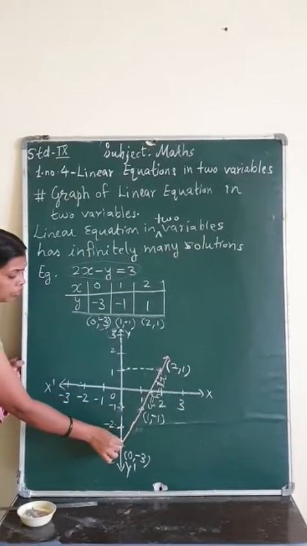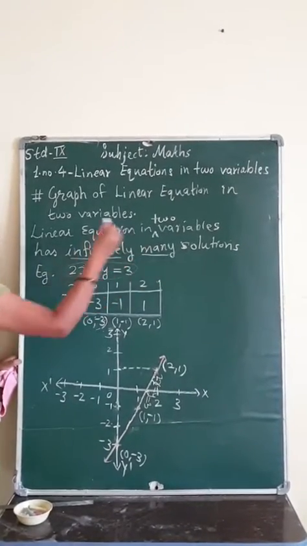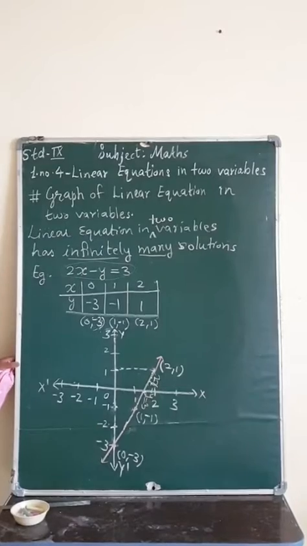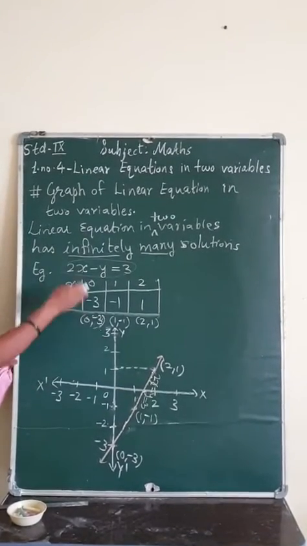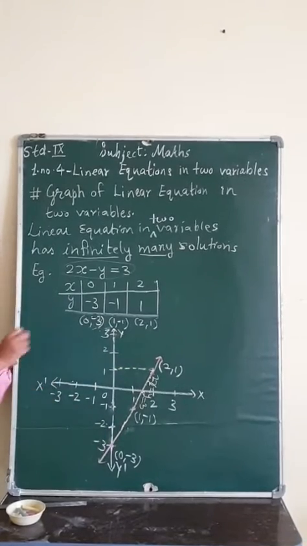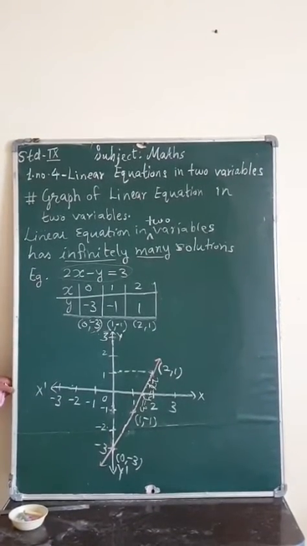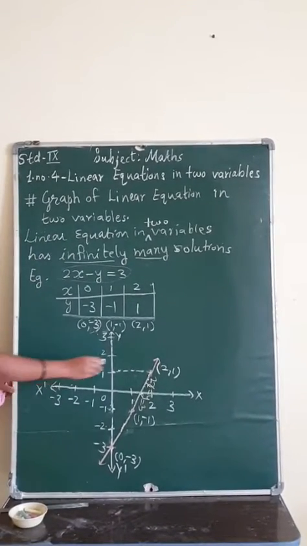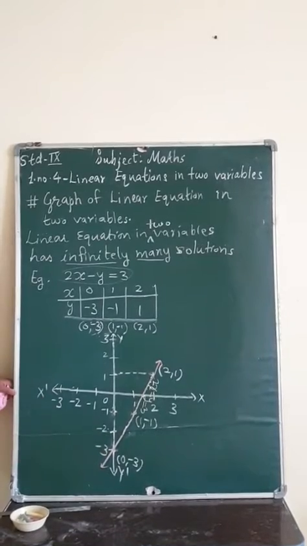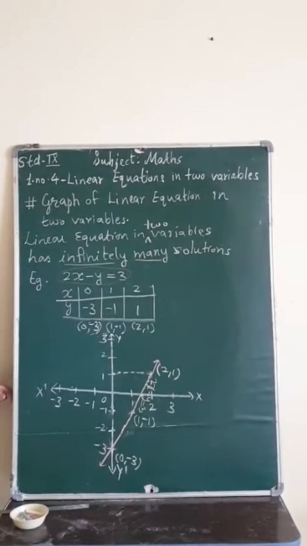So this is how we can say it has infinitely many solutions. The points on the line are solutions of the linear equation, or we can say a solution is a point on the line. So a linear equation in two variables always gives a straight line, which is also known as a linear graph. That's why it's called a linear graph.